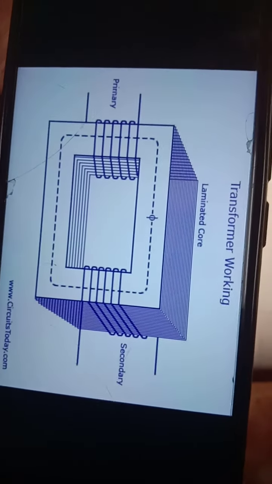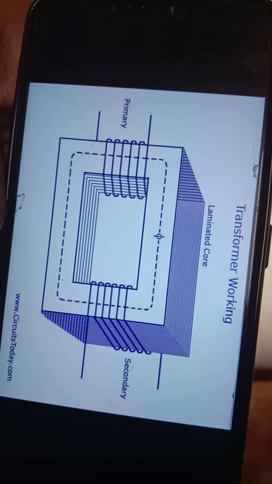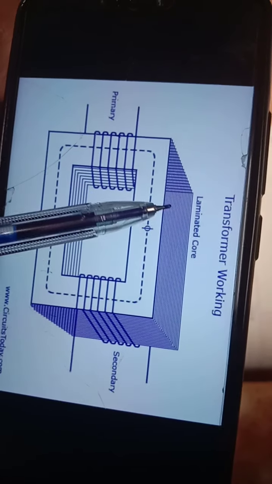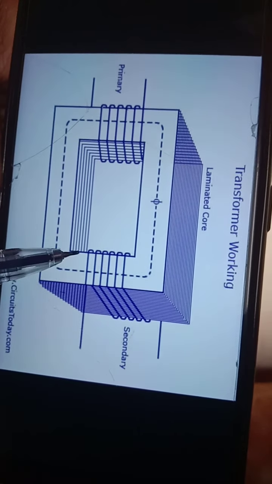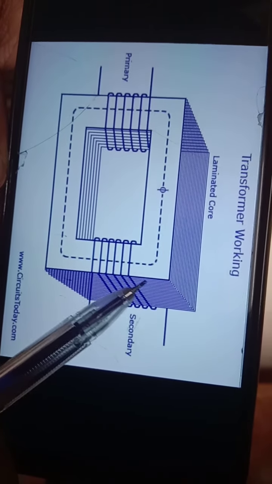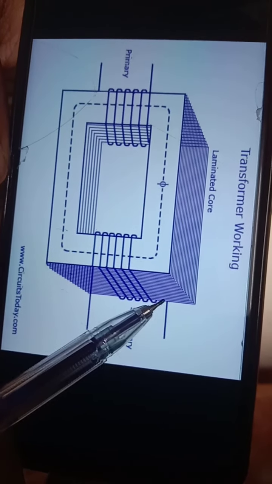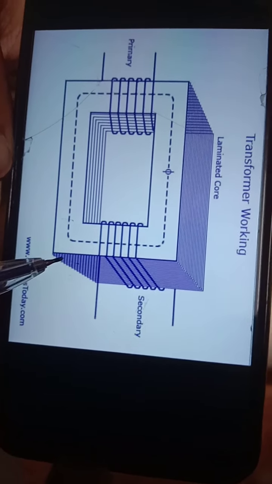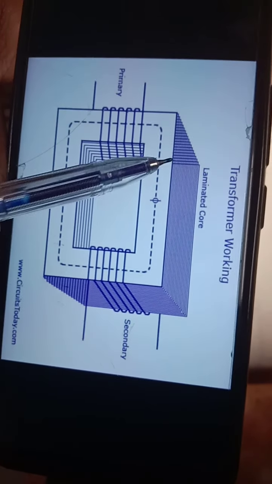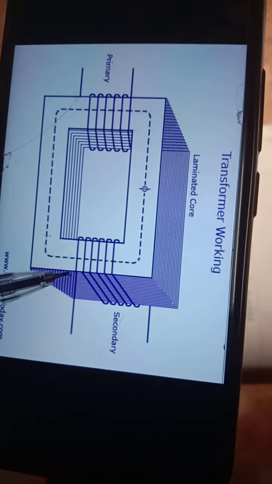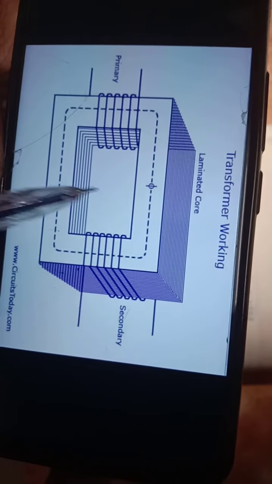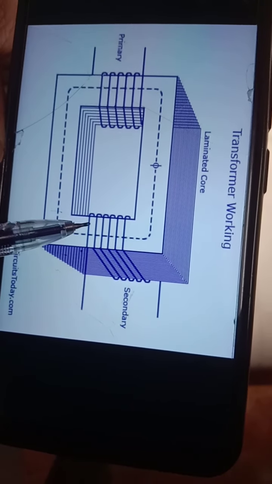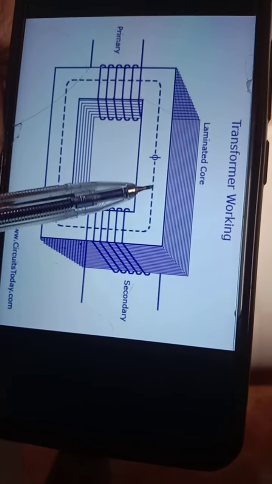See here, laminated core. This is the primary coil, this is the secondary coil, and so many single planes are attached with each other and they form one laminated core. So in this laminated core, there is magnetic flux, and in the primary and secondary coil we have current, hence there is a changing magnetic flux.